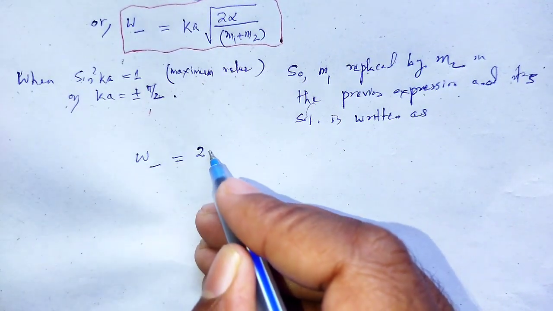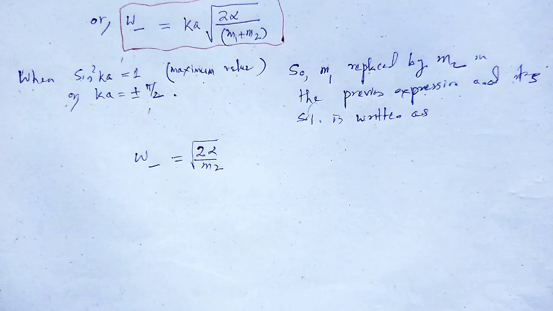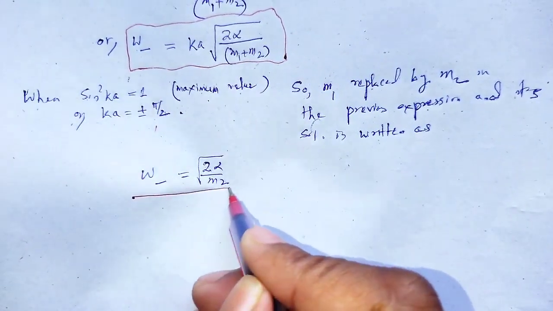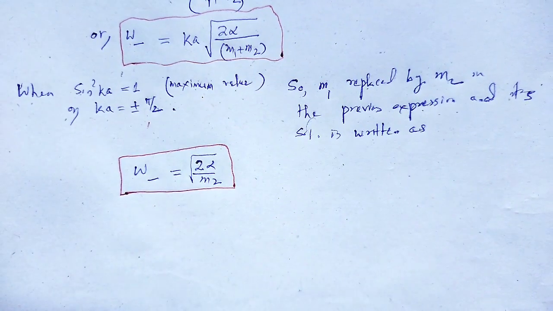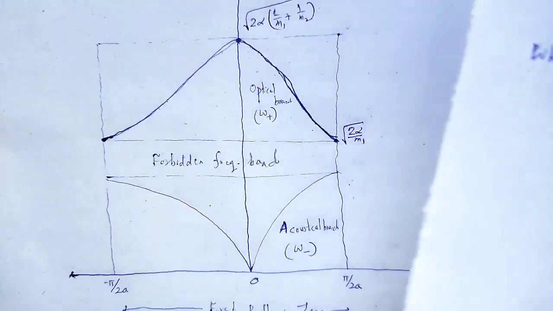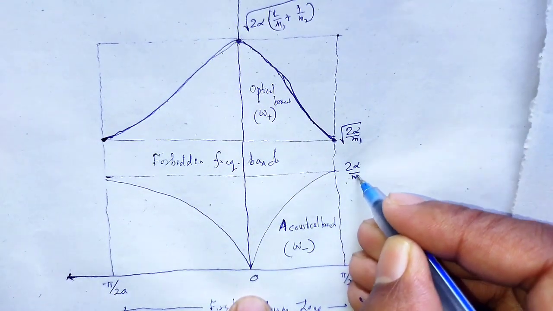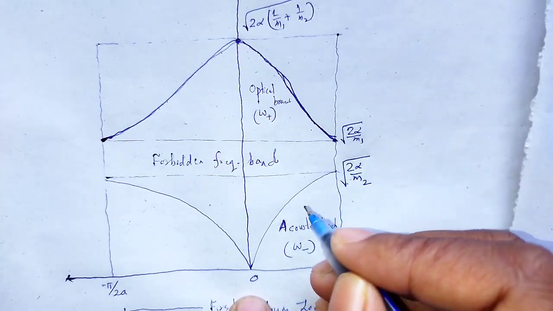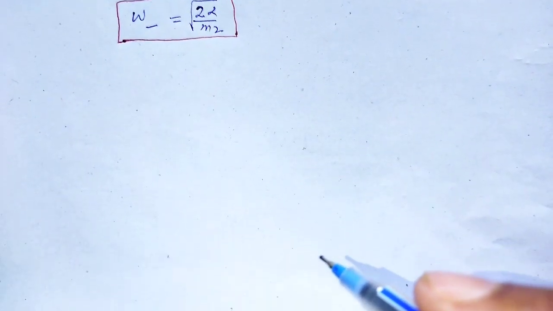So omega minus is under root 2α by m2, that is for omega minus maximum. So, in that frequency range, that is 0 to under root 2α by m2.